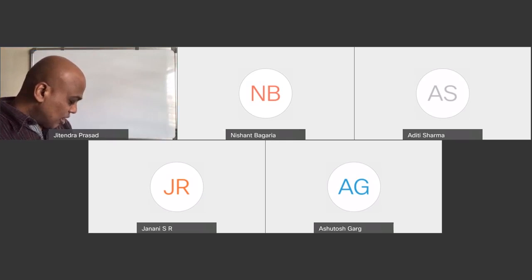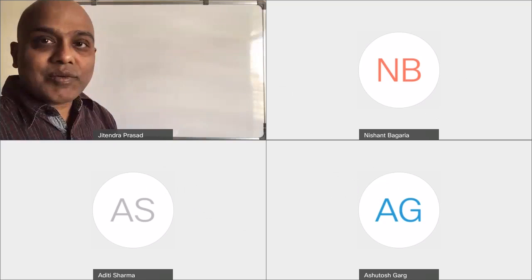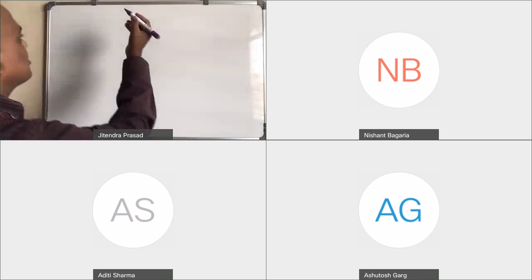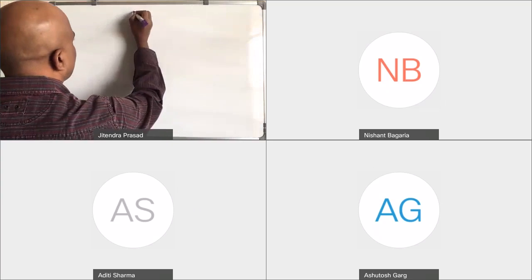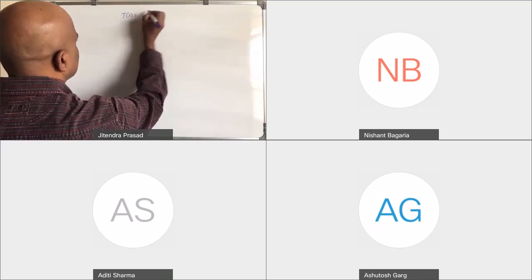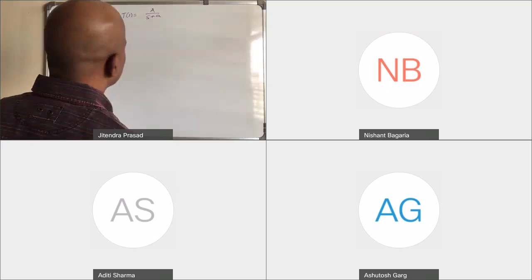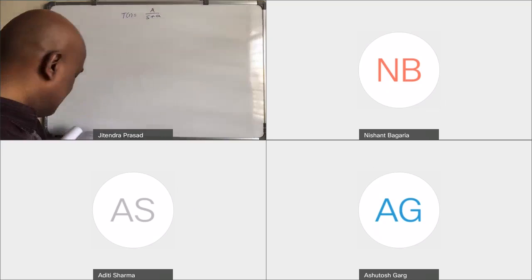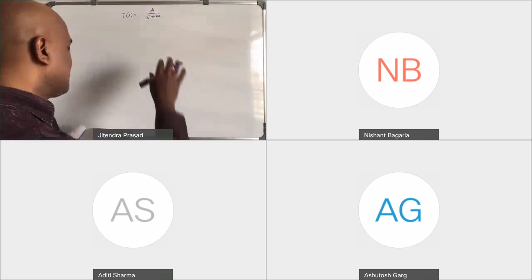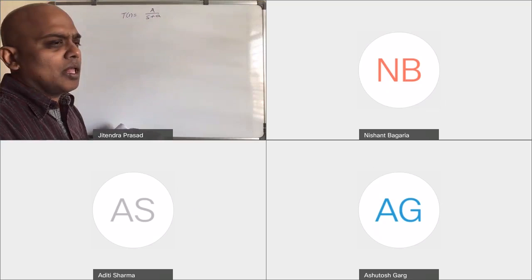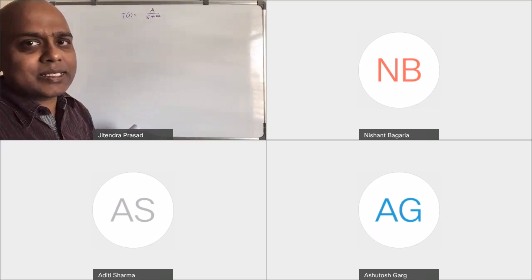Last week I also solved the ME301 problem, and there I took a value like this: TS is equal to A over S plus A. This makes sense because this is a first order system.